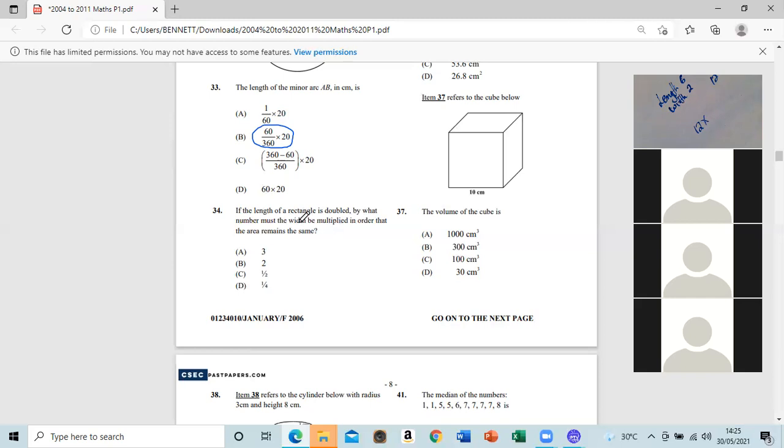By what number must the width be multiplied in order for the area to remain the same? So what can we multiply the width by to get 12 as the answer, to make the area be 12?